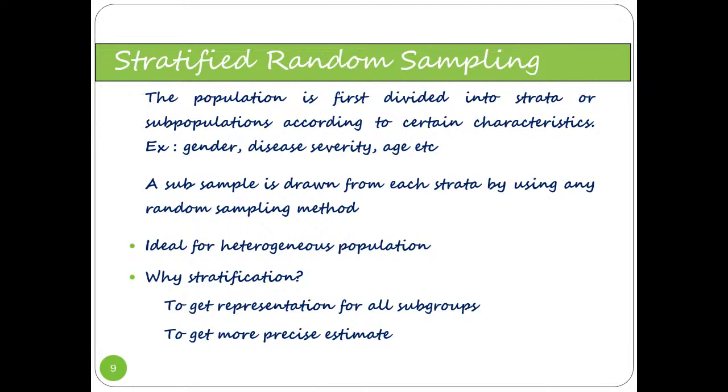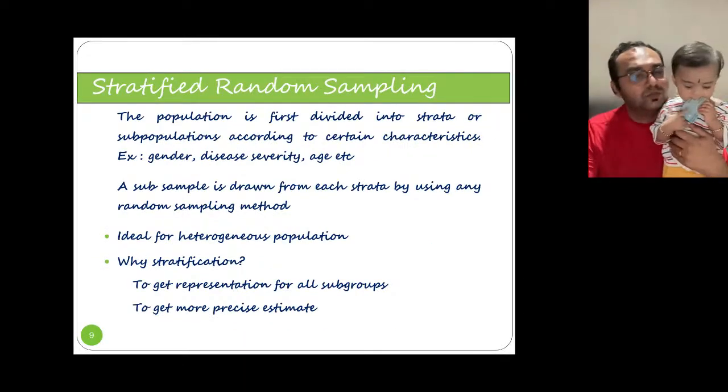Why stratification? To get representation for all the subgroups, to get more precise estimates, to draw better conclusions on a specified population, on a specified age group. We are using this type of stratification so that it will help us get to the point, to the target bullseye results.